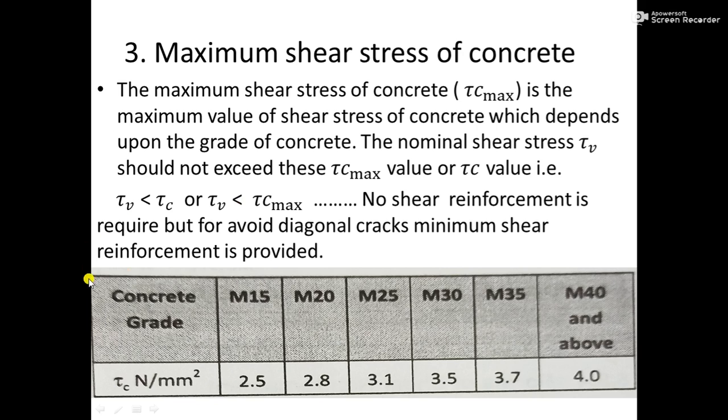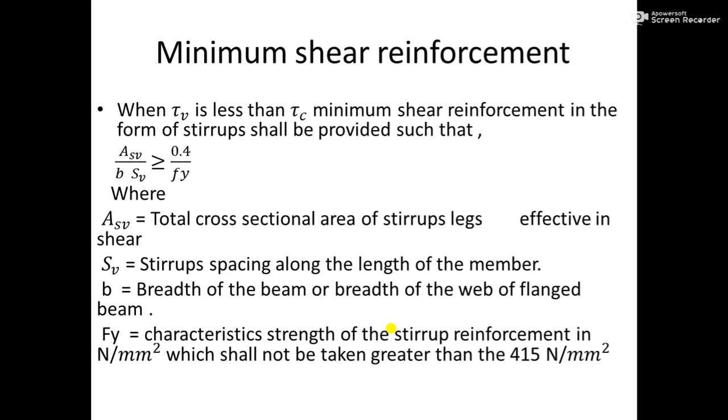So these are the values of tau c max. For concrete grade M15 it is 2.5, for M20 2.8, for M25 3.1. Then minimum shear reinforcement. When tau v is less than tau c, minimum shear reinforcement in the form of stirrups shall be provided such that Asv upon b Sv is greater than or equal to 0.4 upon fy.